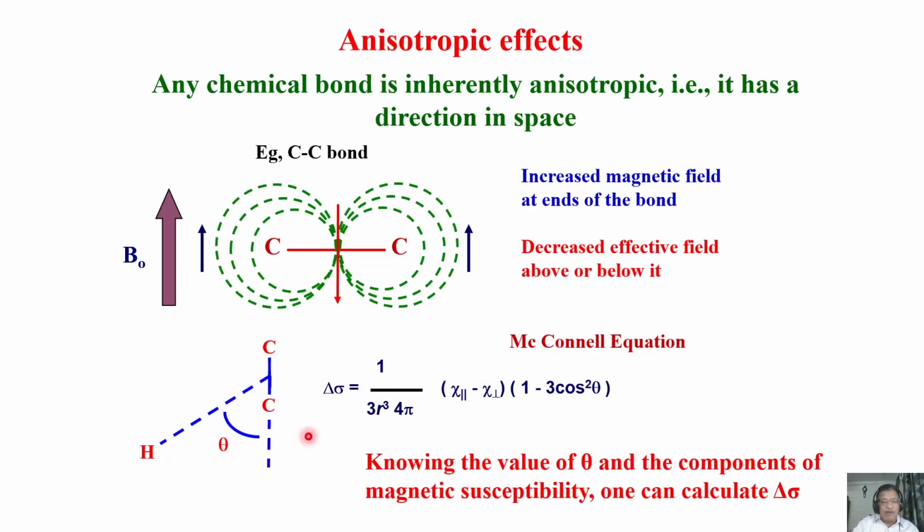Read the book by Pople, Schneider and Bernstein, and many other good books on NMR. A basic book will explain the McConnell equation, how to derive it and everything. That is not the important point for us. Just to tell you, the anisotropy of this bond can be there, and depending upon where you are seeing this bond from, whether here, here, or here, it varies as a function of the angle theta.